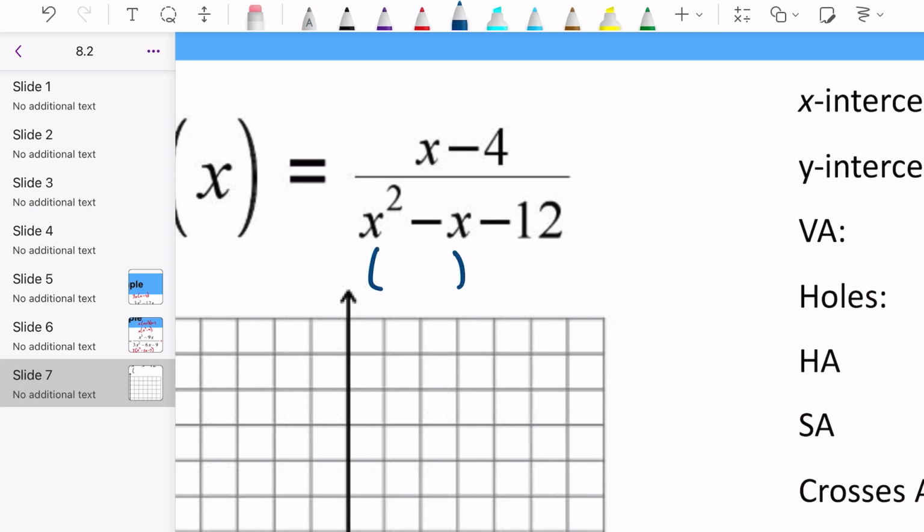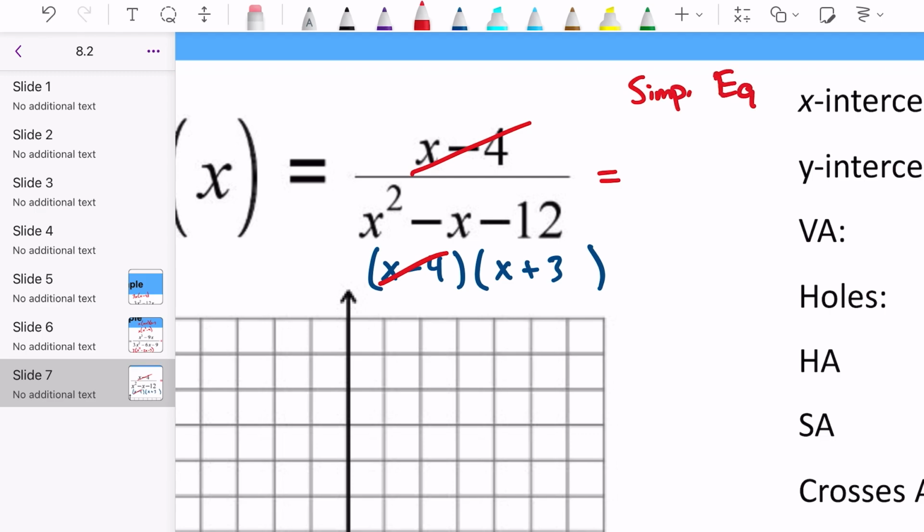Once we factor out the bottom, it is going to turn into x minus 4 and x plus 3. Now in this case, our numerator and denominator will simplify out with the x minus 4. Our simplified equation will be 1 over x plus 3.